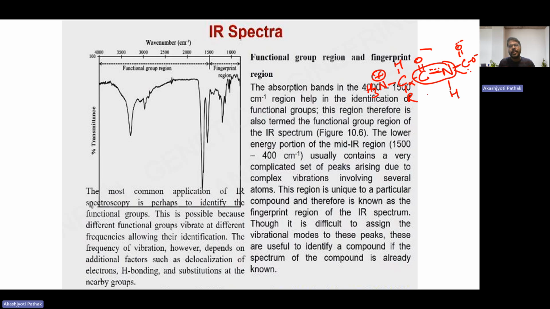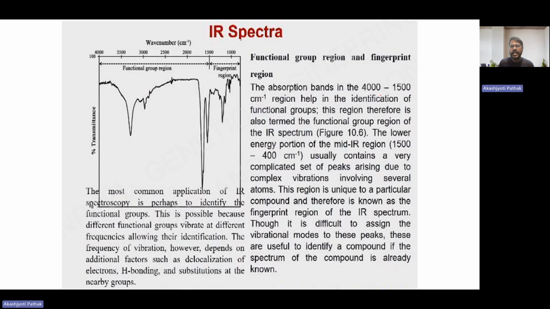If we consider the peptide, it will have different bonds, and each of these bonds has a characteristic molecular vibration. Depending on its characteristic molecular vibration, it will absorb that particular IR radiation, that particular wavelength, and be excited to higher vibrational energy levels.